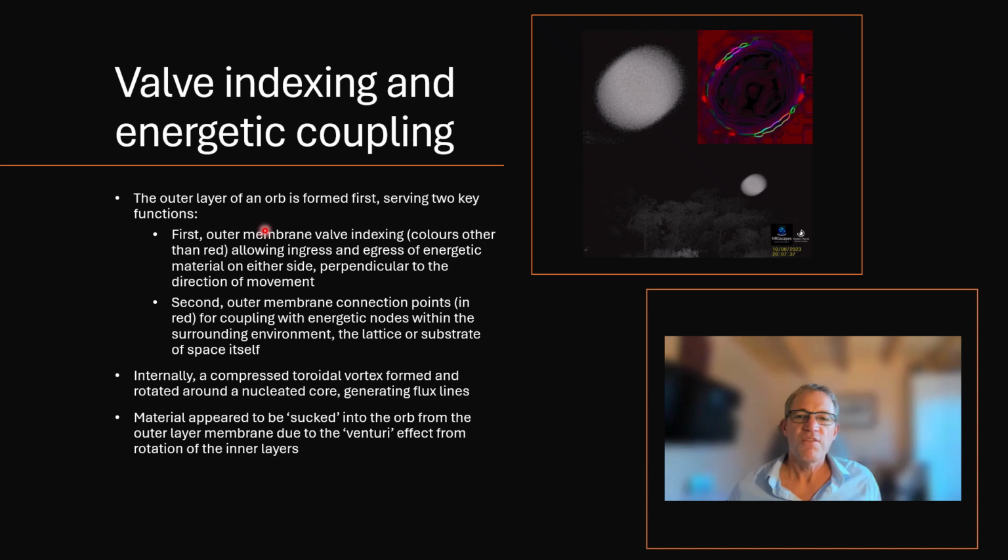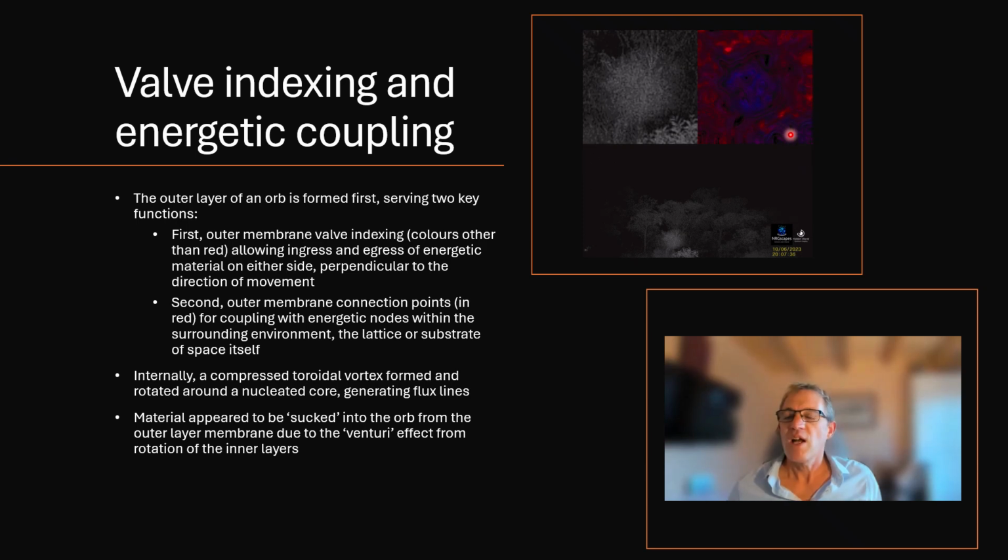So there's two key functions we've determined in the outer layer. First, valve indexing. So that's colors other than red that allow ingress and egress of energetic material on either side perpendicular to the direction of movement. Now you can see that form here with these color palettes, remembering that ingress and egress is across the orb perpendicular to the direction of motion.